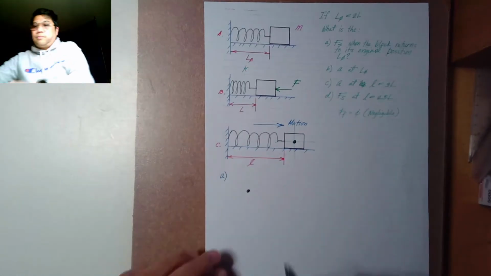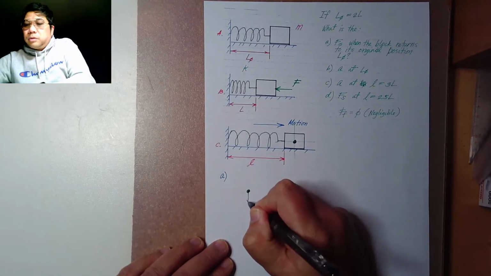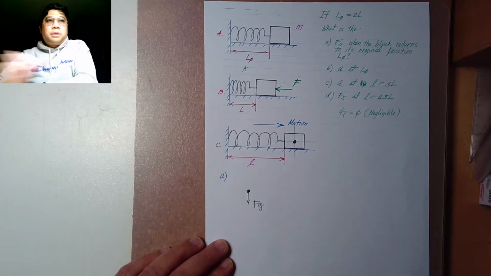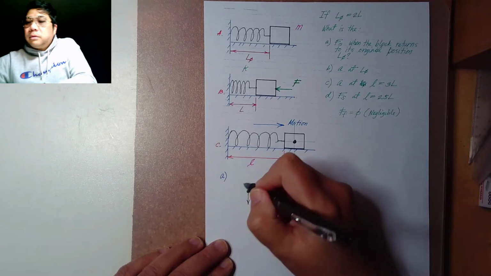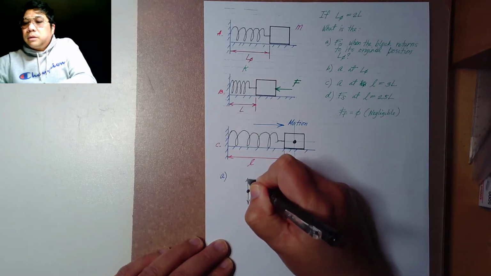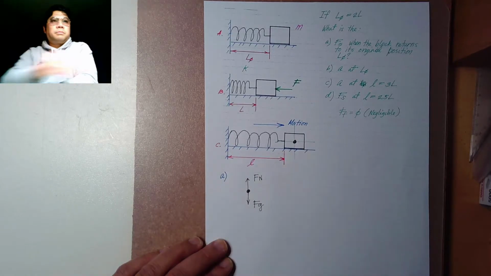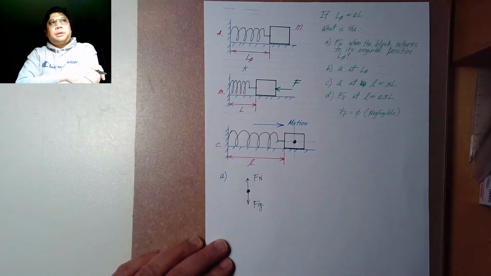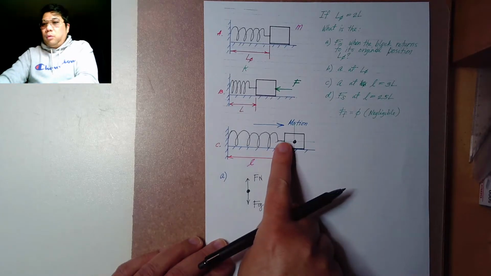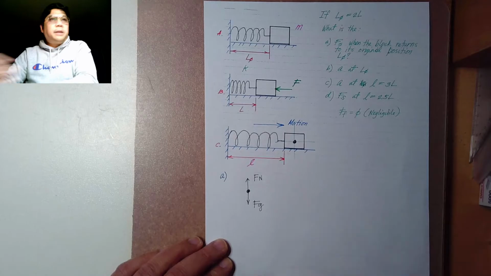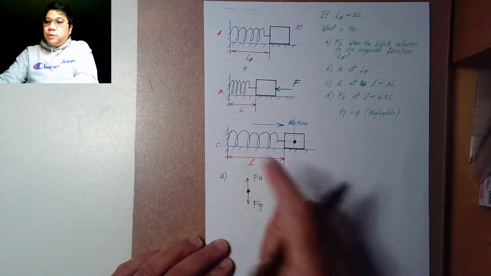The first thing we have is the force of gravity, and then we have the normal force. And then we have the force of spring, which is pushing it away from the wall.